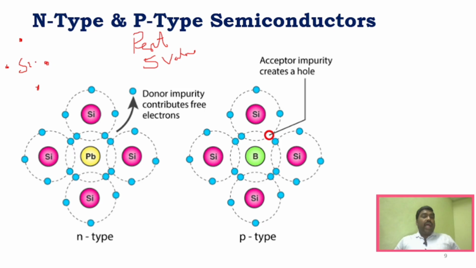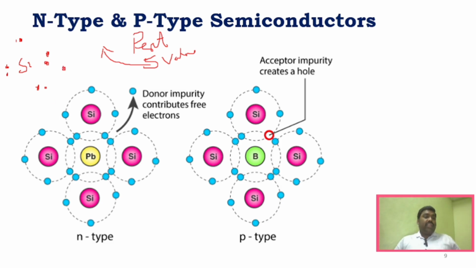So when you add this impurity to silicon, 4 of the 5 electrons will form pairs, and obviously there will be 5 valency electrons, so one electron will be free.